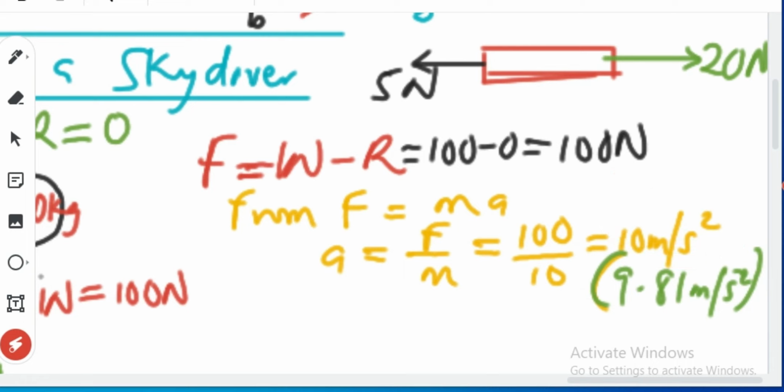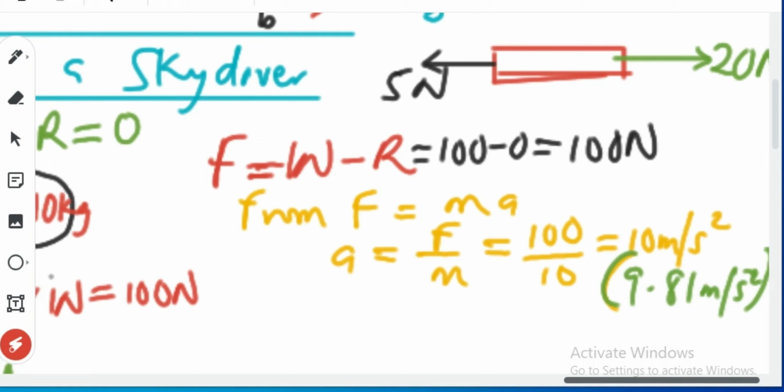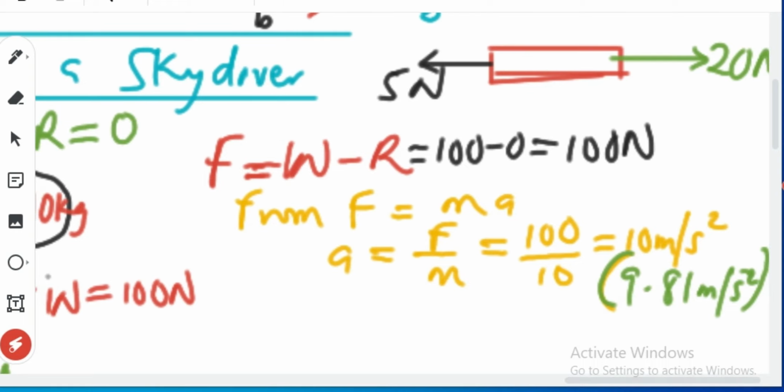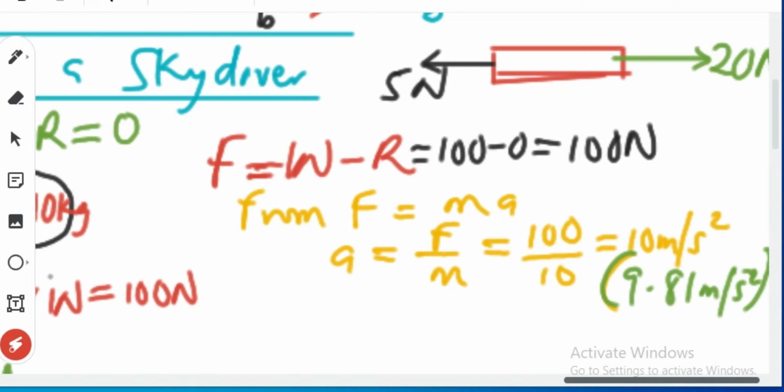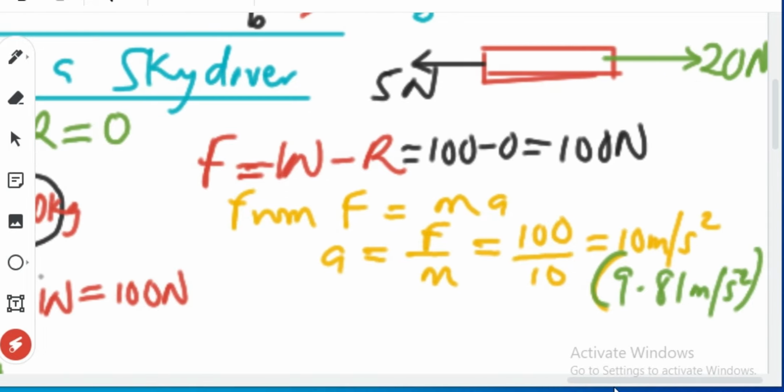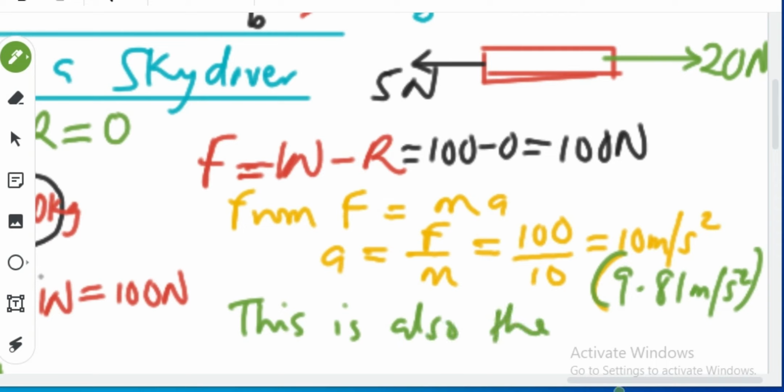And what's the value of the acceleration of free fall? 9.81 meter per second squared, or 10 meter per second squared, which is also the value of the gravitational field strength.